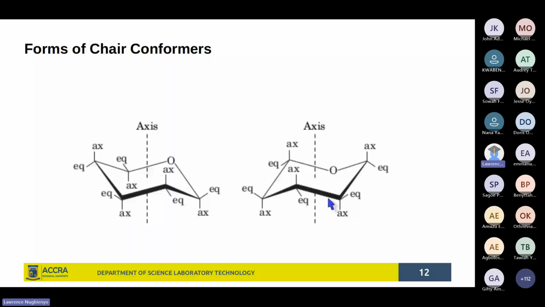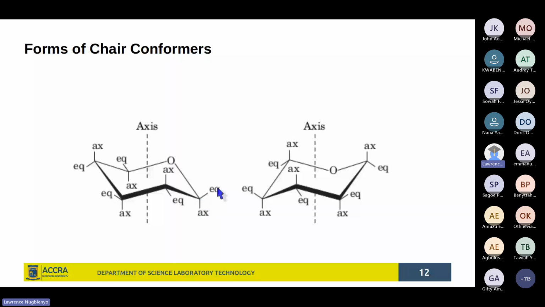Now, theoretically, you have a vertical line drawn through the center of the chair conformers, referred to as the axis. In relation to this axis, the groups on the carbons are referred to as either axial groups, represented here by AX, or equatorial groups.